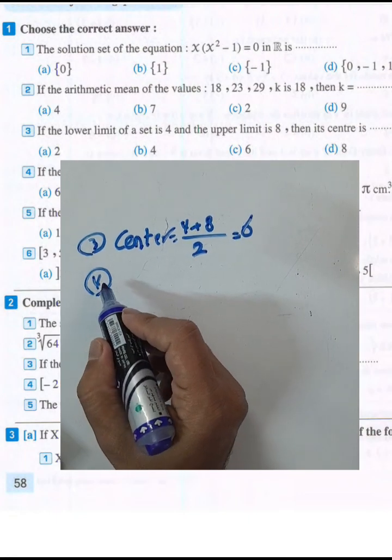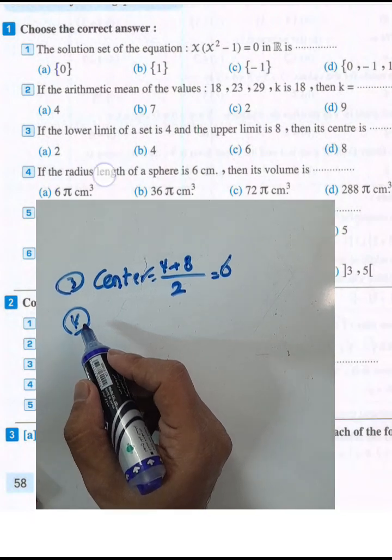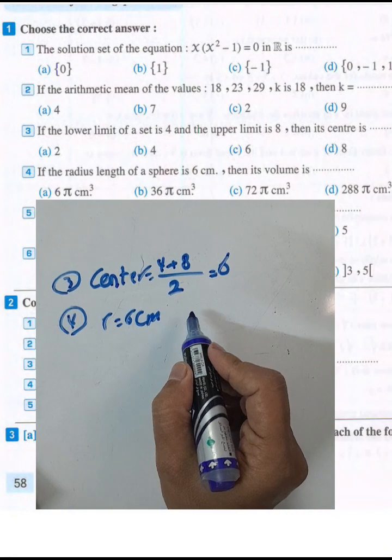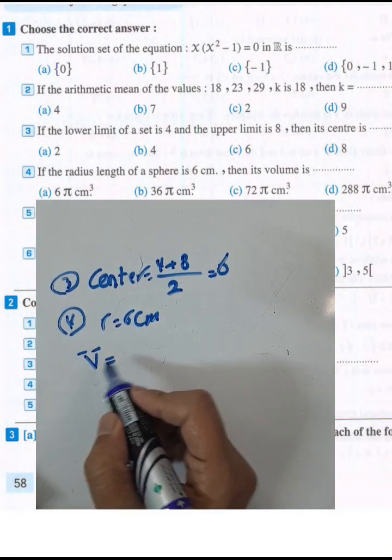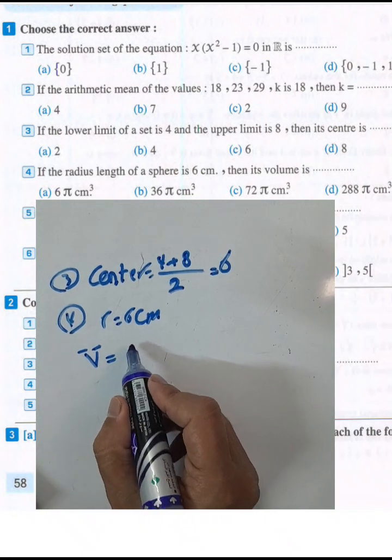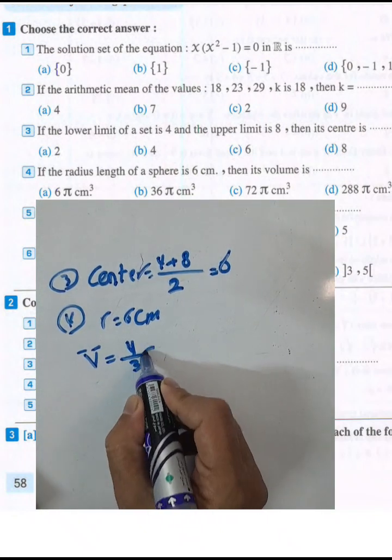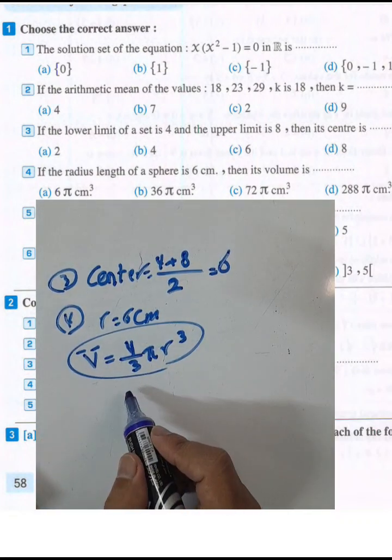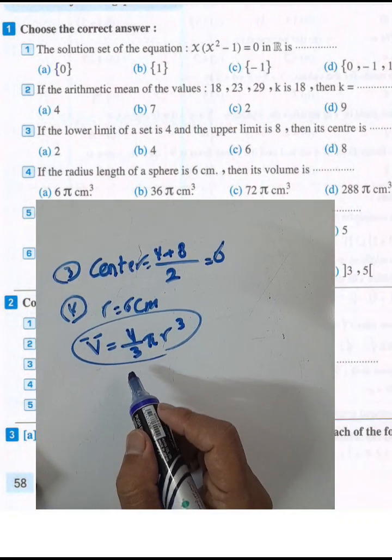Question number 4. If the radius length equals 6 centimeters, and the volume equals what? About the sphere. Okay, the volume of the sphere equals 4 over 3 pi r power 3. It's the volume of the sphere, and we want to find the volume by using pi here.